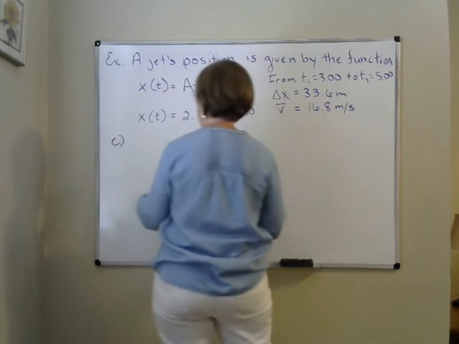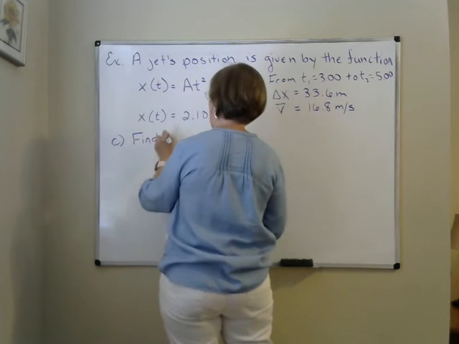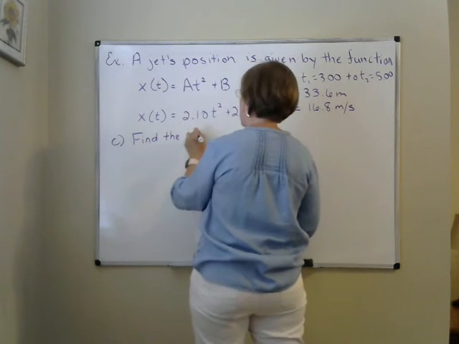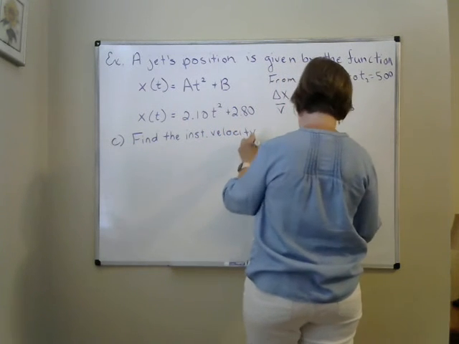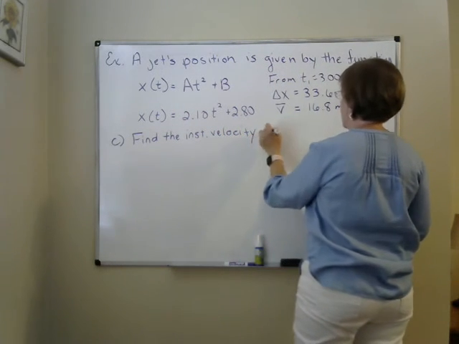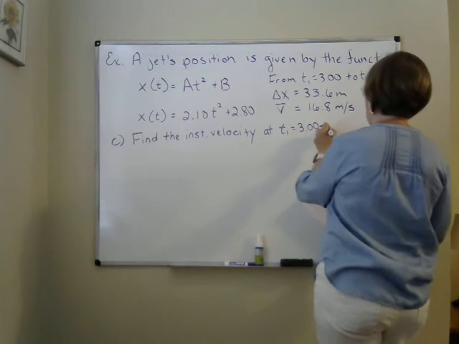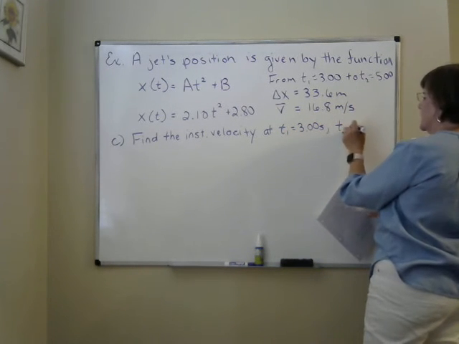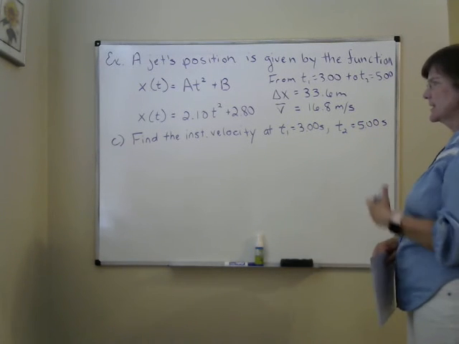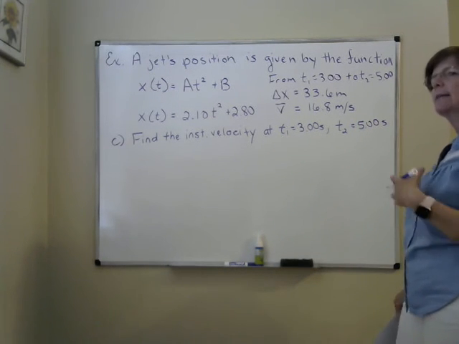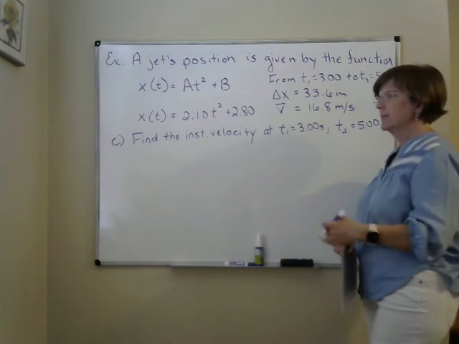Third part of the question says, find the instantaneous velocity at t1 equals 3 seconds and t2 equals 5 seconds. So we find two different instantaneous velocities. Instantaneous velocity is given as a function, as it's the derivative of the position.